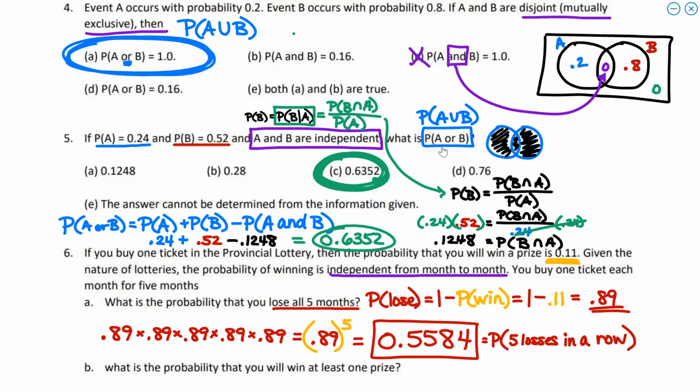So at least 1 is 1 minus the probability of 5 losses in a row. So 1 minus 0.5584, which would give us what?